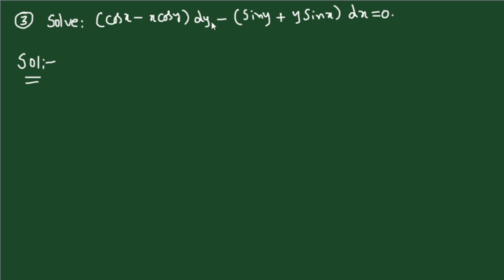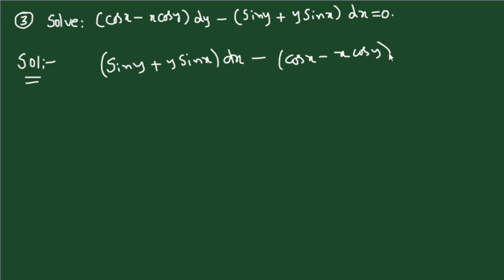You multiply everything by -1, you will get plus here, and minus here. So convert this equation first of all into m dx plus n dy: sin y plus y sin x dx minus cos x minus x cos y dy equal to 0.